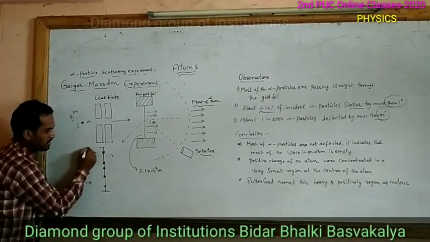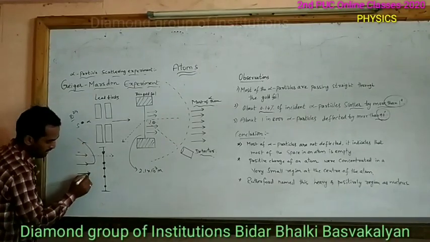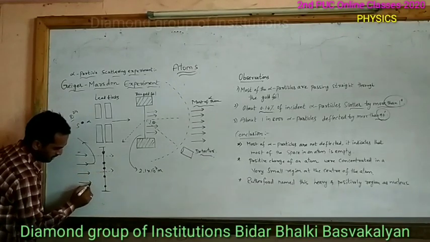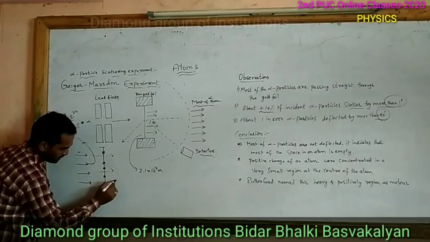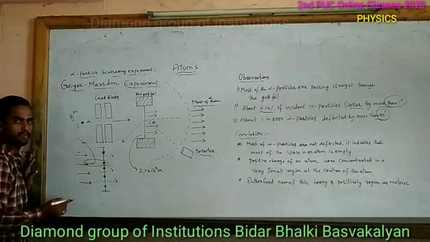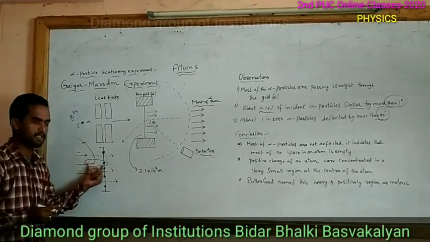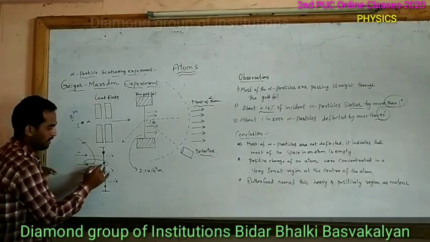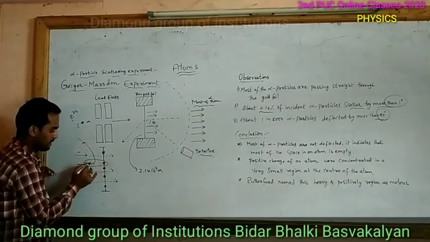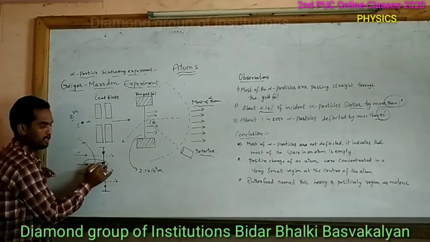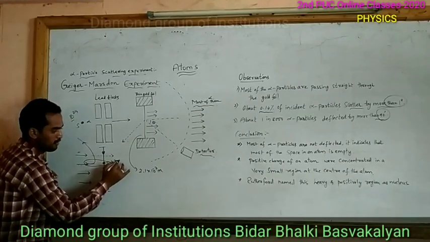So it is scattered in a different direction, and this alpha particle again goes straight, and this one also goes straight. So here you can see that there is a Coulombic force, or repulsion force. Some positive charge is there, and that positive charge repels the alpha particle. So this is called repulsive force.